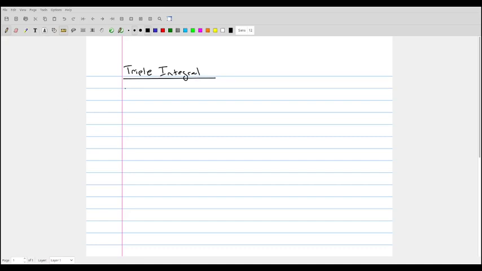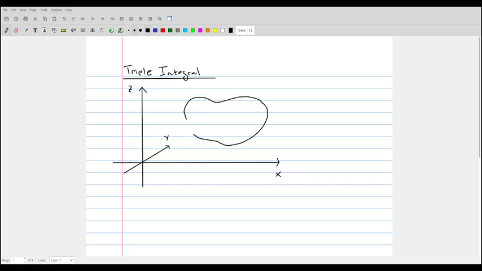So in general, for the triple integral, we're going to consider two main things. We're going to have some domain in three-dimensional space. This domain is bounded by some surface that we call the boundary of the domain.